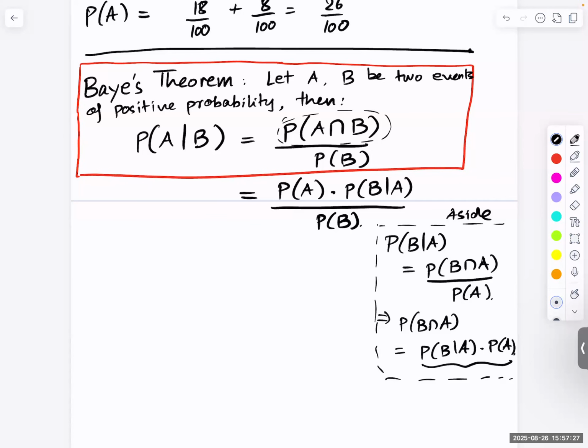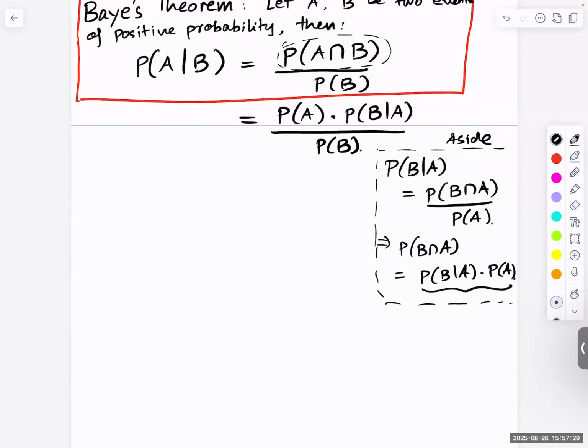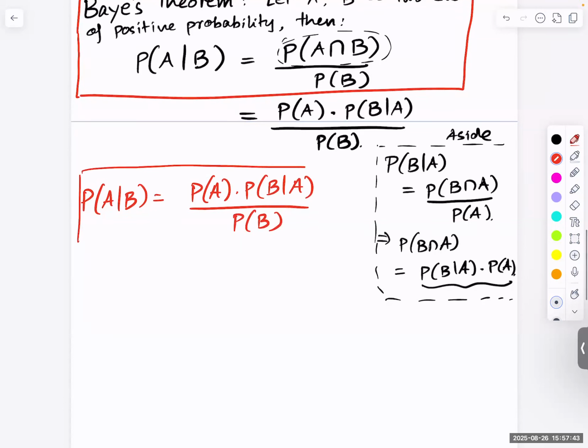If I were to recap, Bayes' theorem is saying P of A given B can be written as P of A times the conditional probability of B given A divided by the probability of B. If you were to remember one single formula for Bayes' theorem, this is perfectly fine.